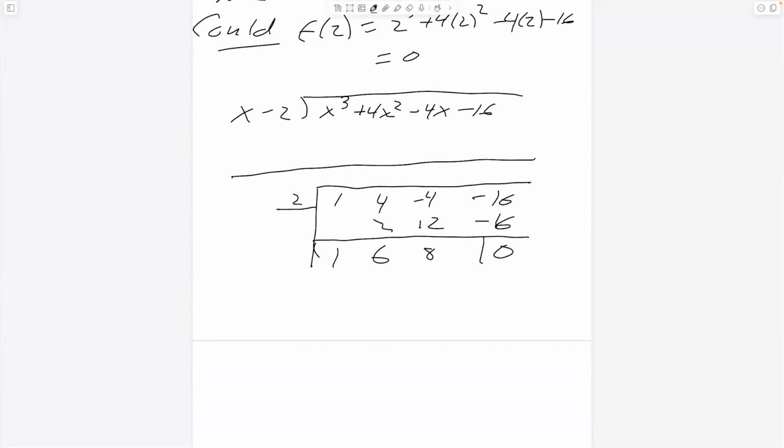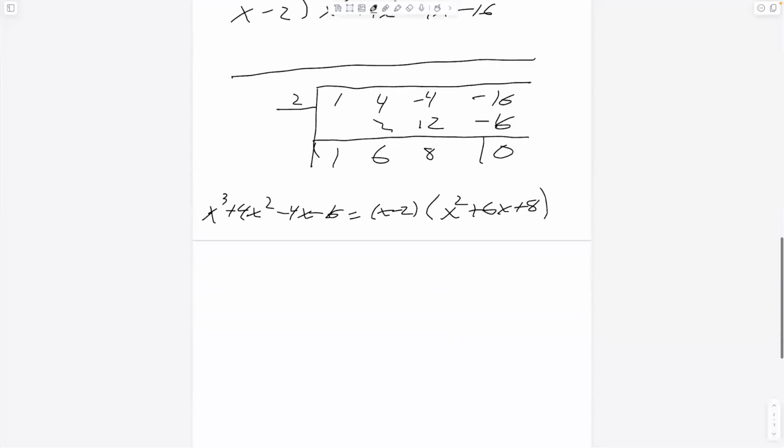So this means x cubed plus 4x squared minus 4x minus 16 can be factored. X minus 2 is one of the factors. And then my quadratic factor will be 1x squared plus 6x plus 8.